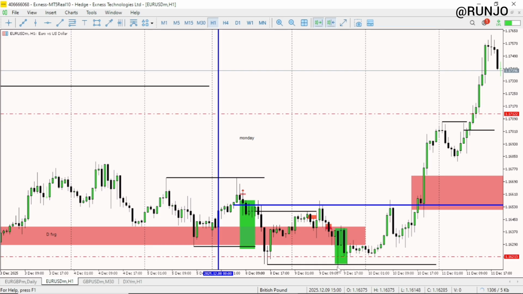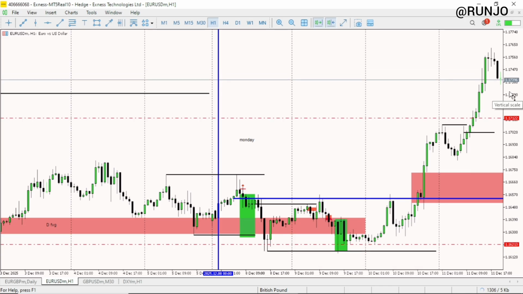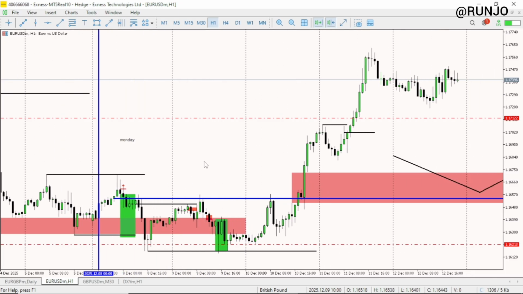For instance, I was supposed to exit at this level, but I got a little more greedy because, according to the speed that the market was moving down in here, I expected it to continue pushing lower. But because of that greed, the market managed to come back and took me out at break even. So that's more: reduce the greed and also change some trading rules. That's what I had for this week.